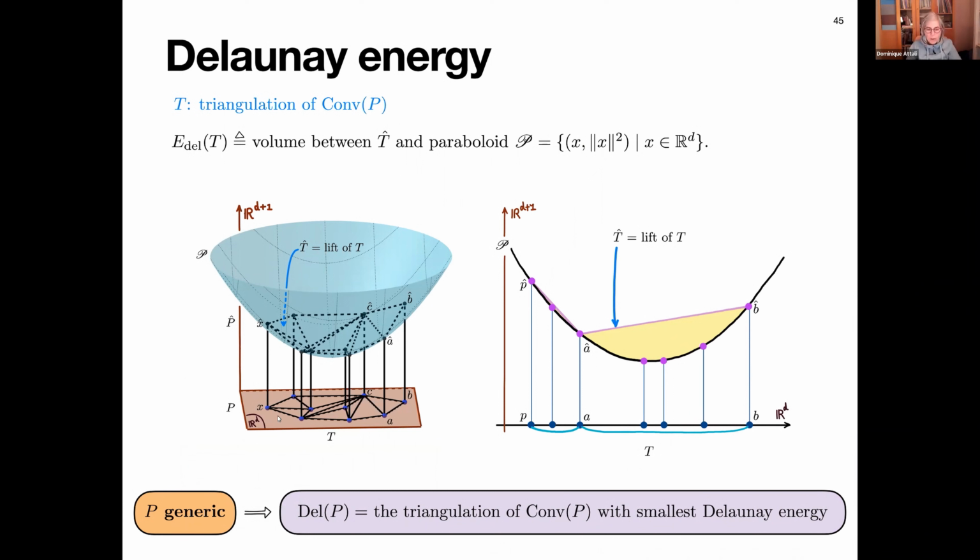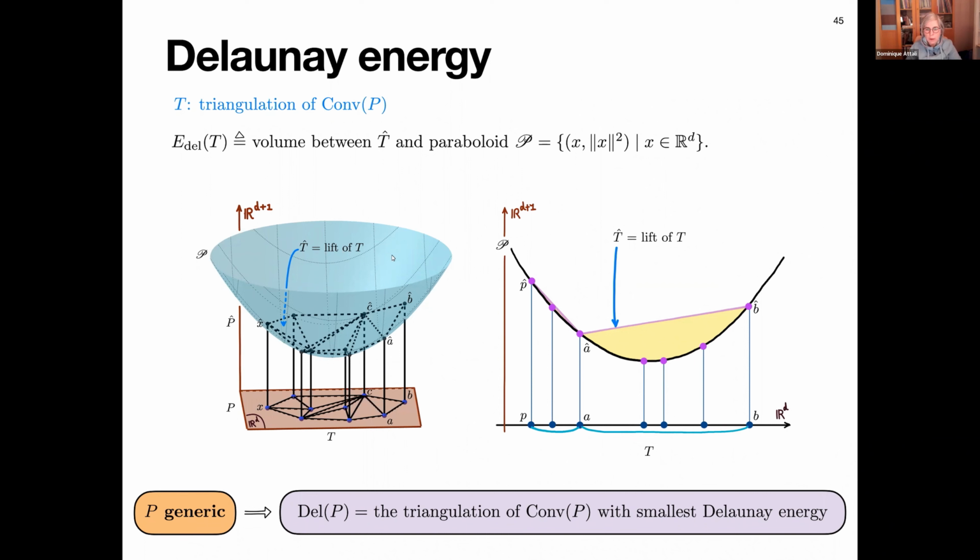So we are back to the Euclidean case. We consider a point set P in R^d, and let T be a triangulation of this point set P. So there is a famous construction that consists in lifting the points in R^(d+1) onto a paraboloid.